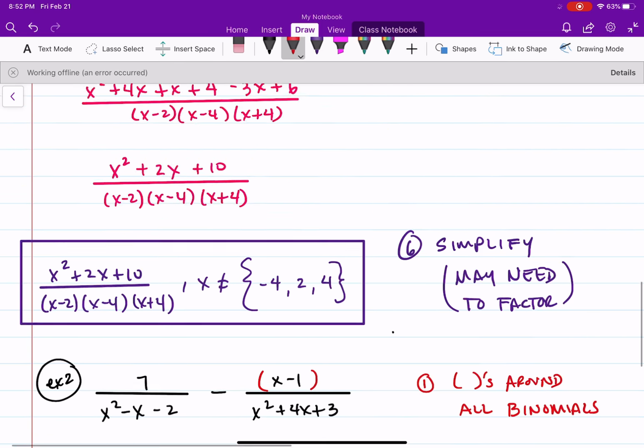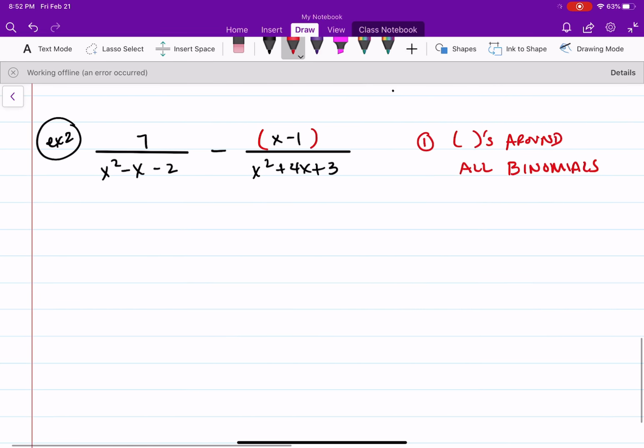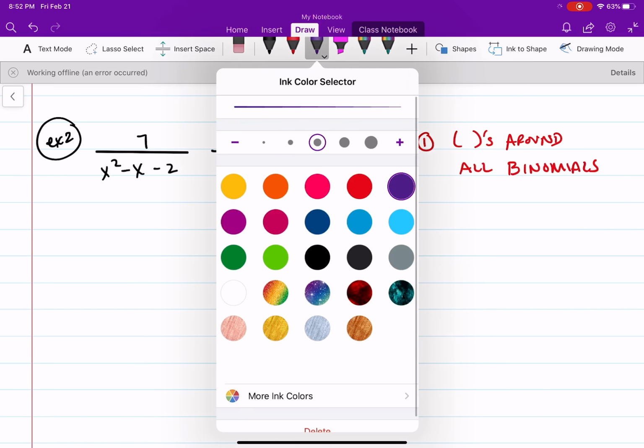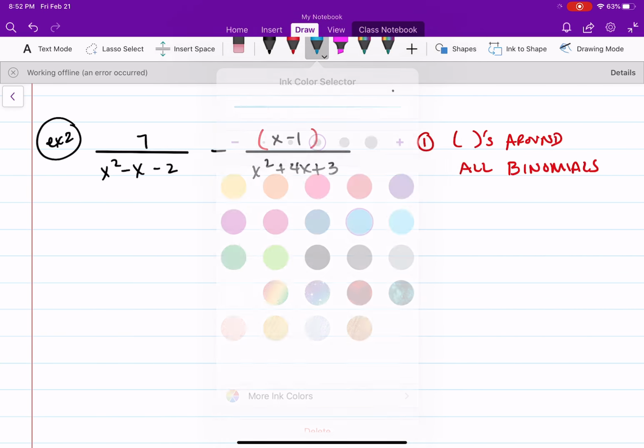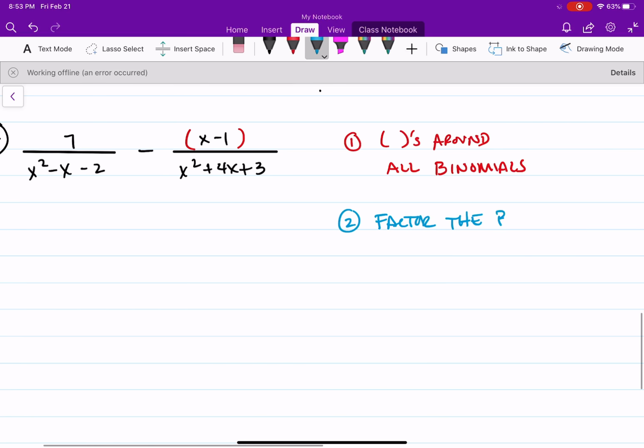Step 1 is pretty easy. Step 2, get some blue. Step 2 was to factor the bottoms.